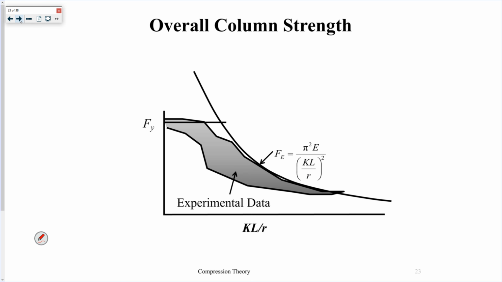If we're going to look at our overall column strength, again looking at our slenderness ratio and our stress, here's some experimental data. This is our overall column strength, so we're looking at all of the assumptions versus actual behavior.